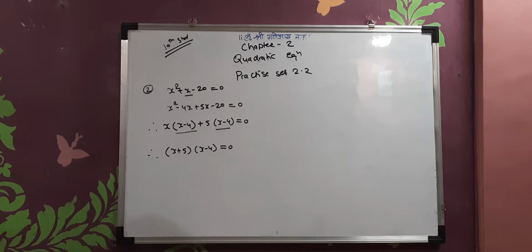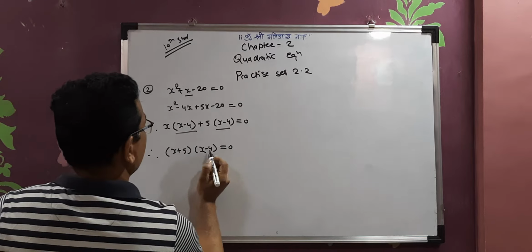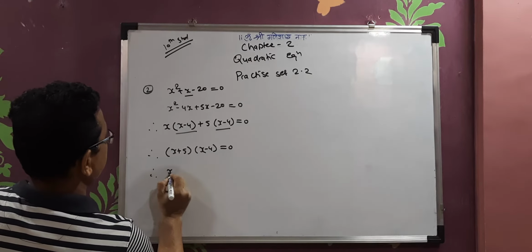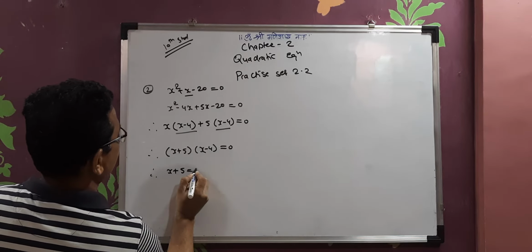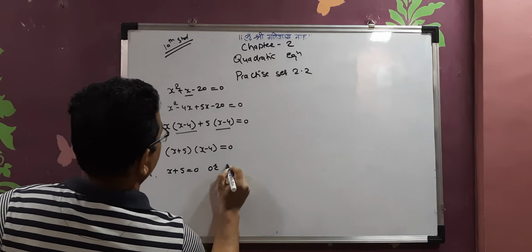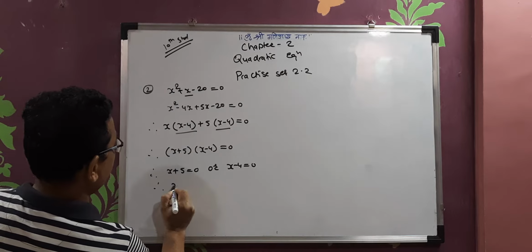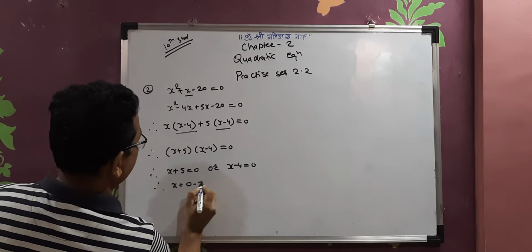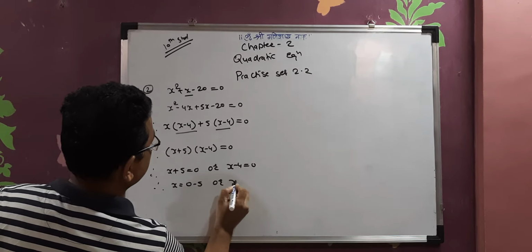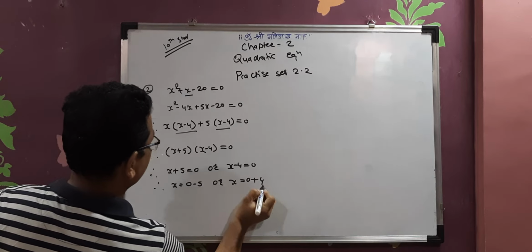So we have taken it as common. So x plus 5 is equal to 0 or x minus 4 is equal to 0. So x is equal to 0 minus 5, or x is equal to 0 plus 4.